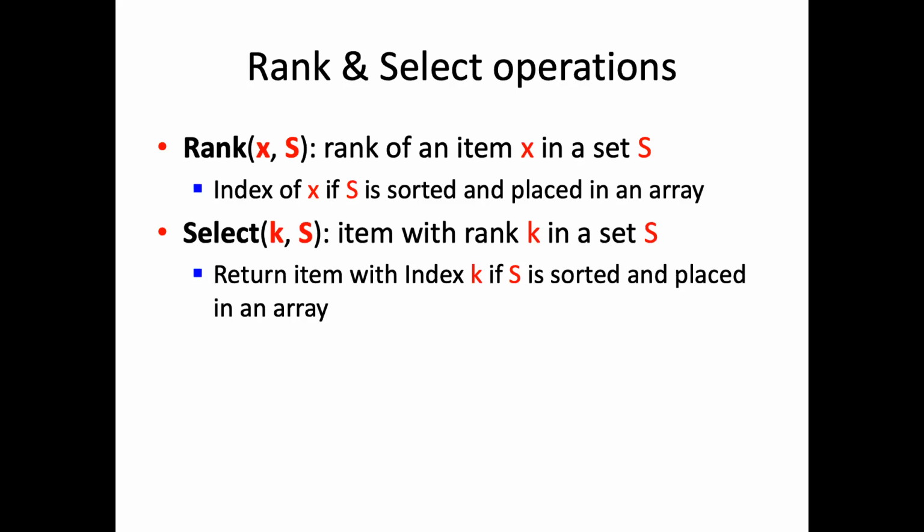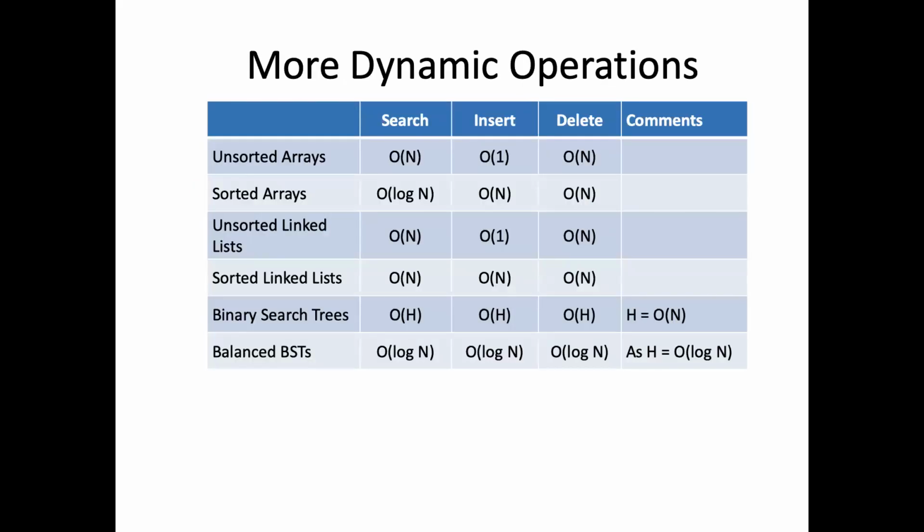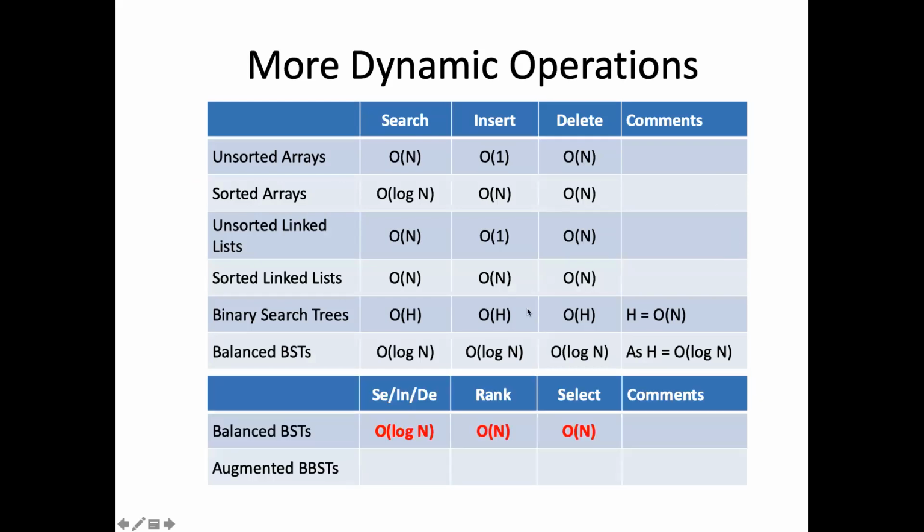Now, the only way we know this is to keep a sorted list and to keep track of the rank of every item and keep this updated every time I do inserts and deletes and figure out the answer. So this is our standard list.